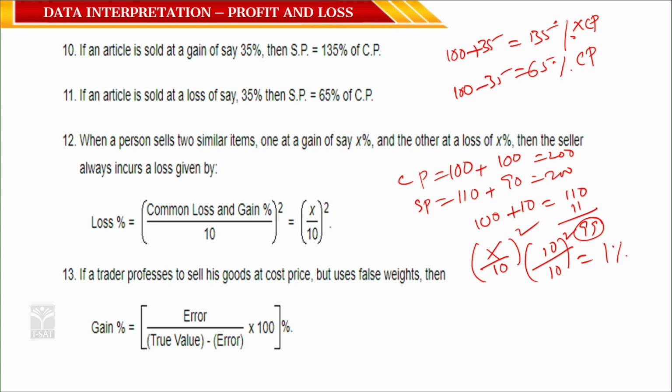Clear? If a trader professes to sell his goods at cost price, but uses false weights, then actually he wants to sell the goods, but he uses false weight, instead of 1000 grams he uses 950 grams. Using false weights, then what is his gain percentage?